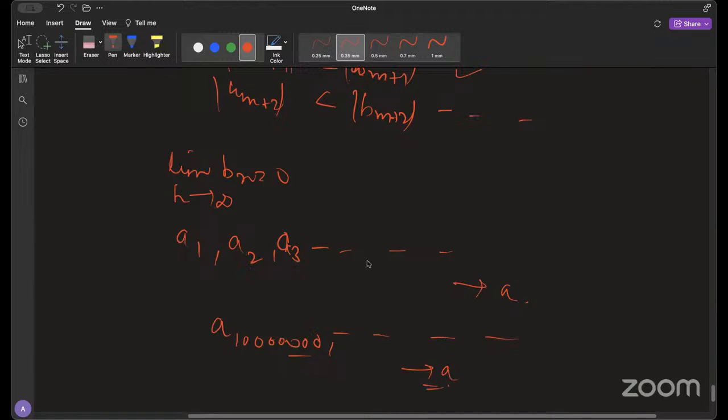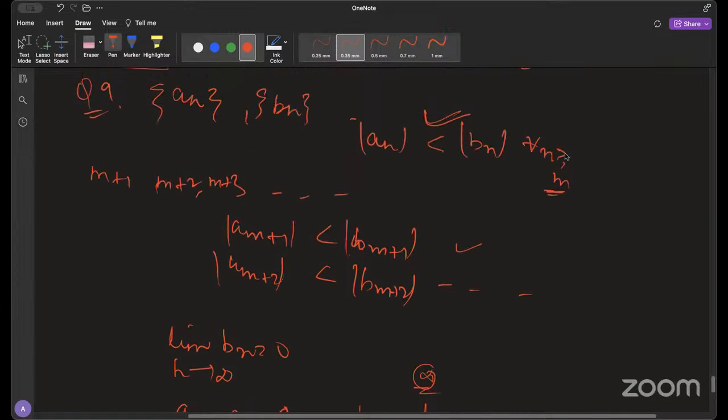Even if you remove any finite part from the start, it still tends to a. You can only remove a finite part, because infinity is not even a number. You need to know how many terms to remove from the start, but even if you remove a lot of terms, this still tends to a.